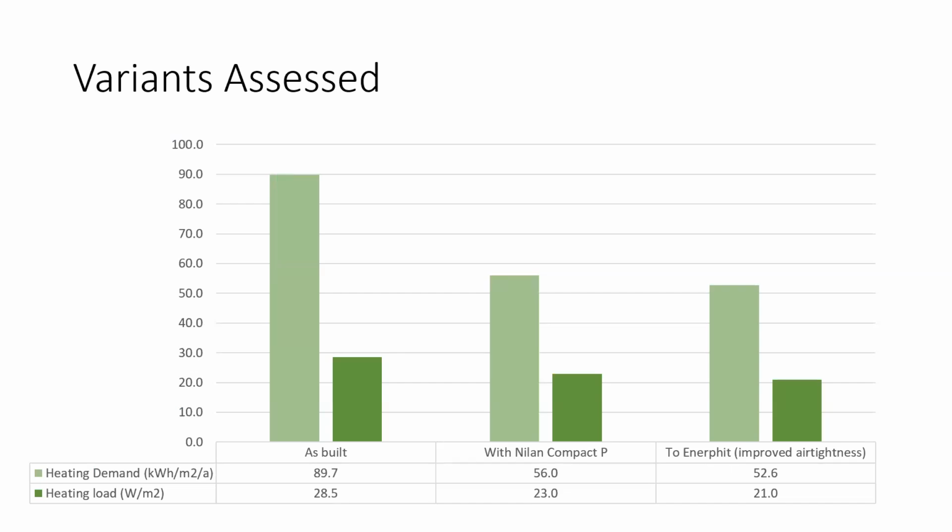So as I said, we were looking at a couple of variants, and we looked at our as-built condition, and we considered a condition with an ELAN Compact P for ventilation, and also what improved measures we would need to get it to Retrofit. And in fact, the only two things we need to do to get it to Retrofit, when assessed under local climate data, which is what we want to be talking about from here on, is put in an MVHR system, and that's for comfort, I suppose, really.